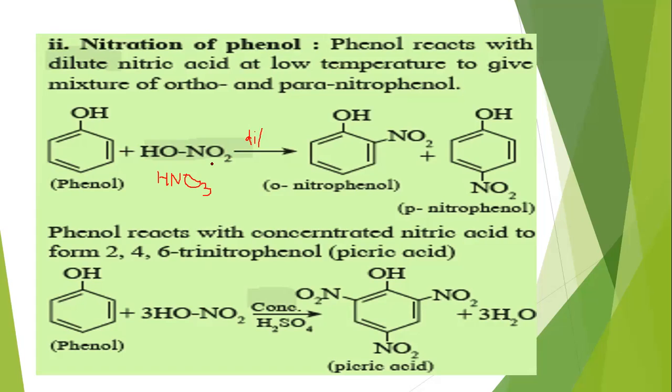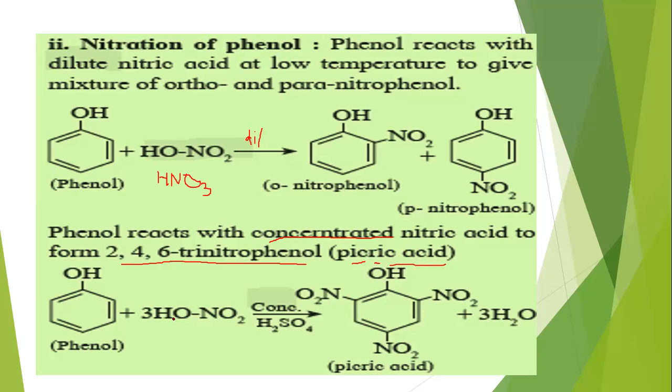Phenol reacts with dilute nitric acid to form a mixture of ortho and paranitrophenol. But in the second reaction, phenol reacts with concentrated nitric acid to form 2,4,6 trinitrophenol, which is also called picric acid.